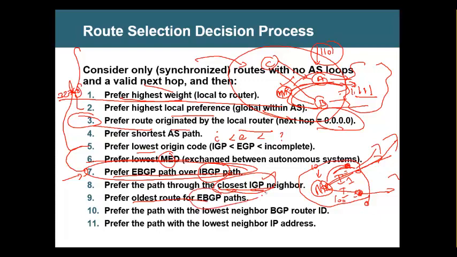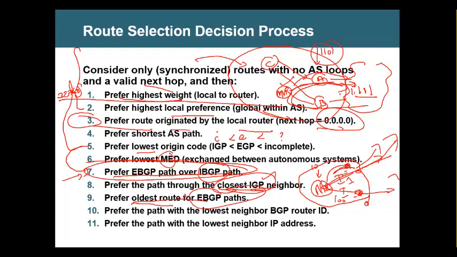If it is EBGP, prefer the oldest route from the EBGP neighbor. Meaning, BGP should take the exit via which the route was learned first, the earliest, the oldest.